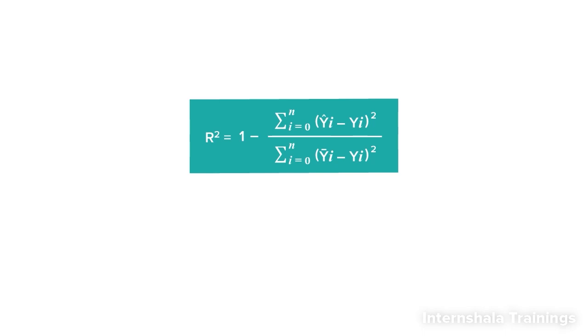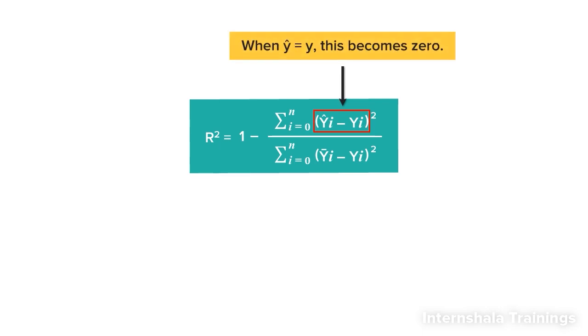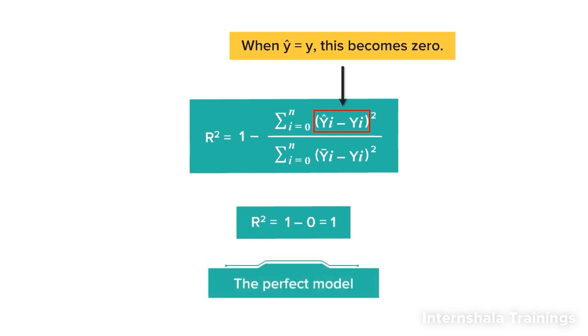Looking at the formula, we can see that when y hat is equal to y, that is, when the predictions are the same as the actual values for all the data points, the numerator would be 0 and the value of R-square would be 1, that is 100%, which indicates the perfect model.